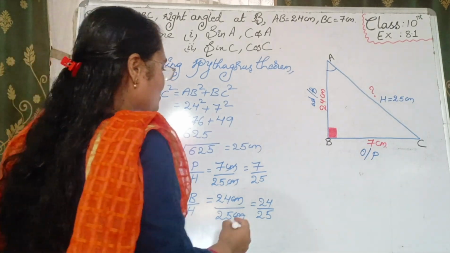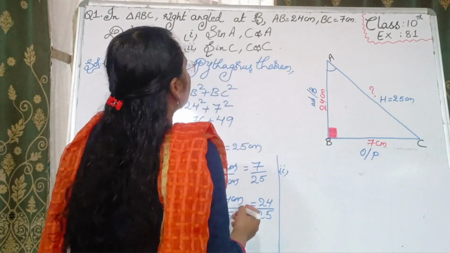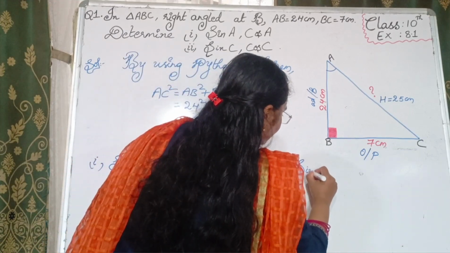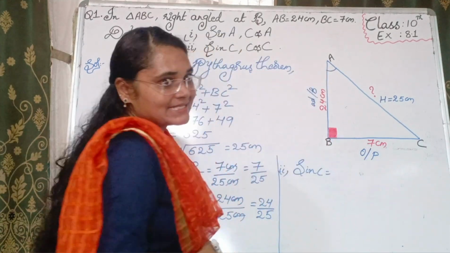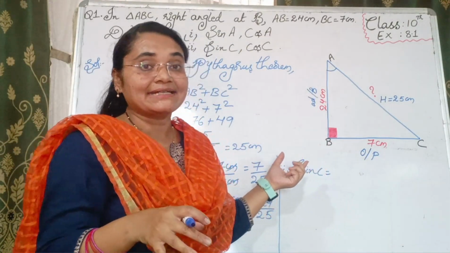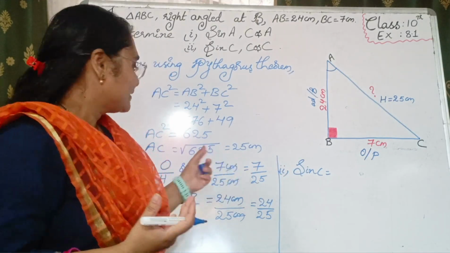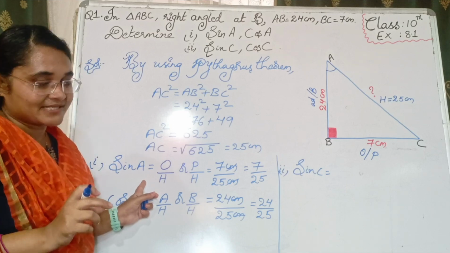So moving on to the next one, sin C and cos C. First we'll find sin C. See students, up to now we have measured in terms of angle A, that is sin A and cos A. A is the theta, the angle measurement.